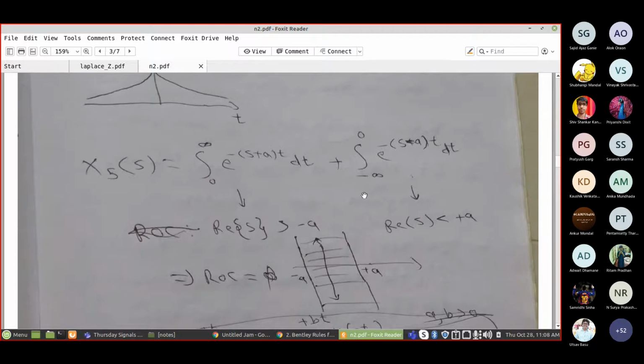For this integral to converge, ROC is given by this quantity: real part of s strictly less than plus a. So just check that this is consistent with what we have done here.